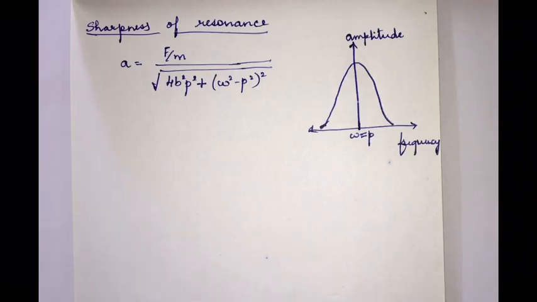Knowing what resonance is, next let us discuss sharpness of resonance. We know that when the applied frequency becomes equal to the resonant frequency, when they match, the body vibrates with maximum amplitude. And this process of varying the frequency of the applied force to match the resonant frequency of the body is called tuning.